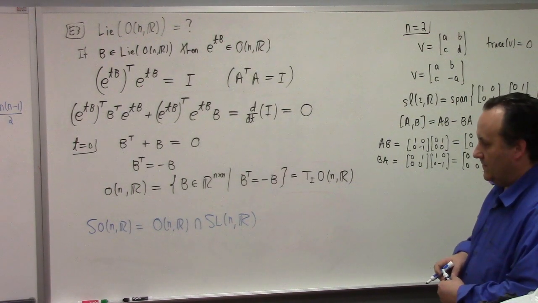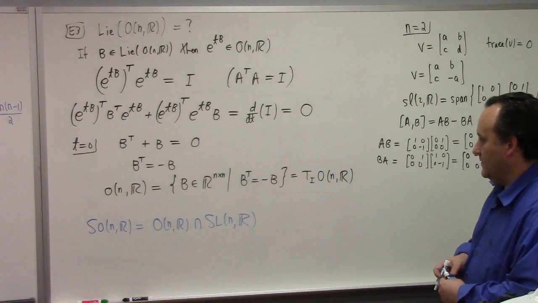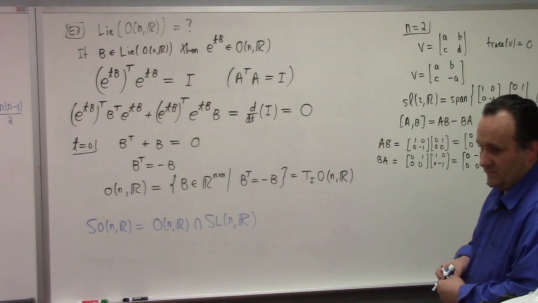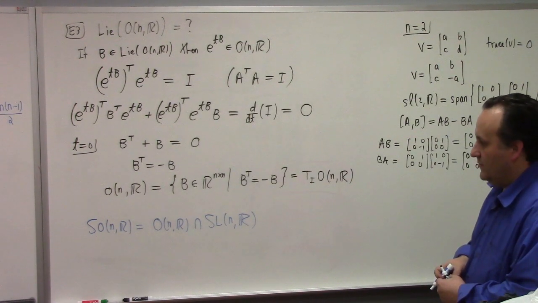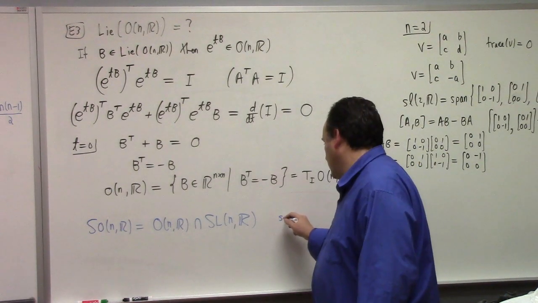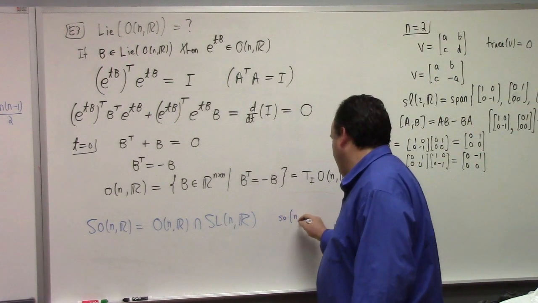If you think about this, what is little so(n) going to be?